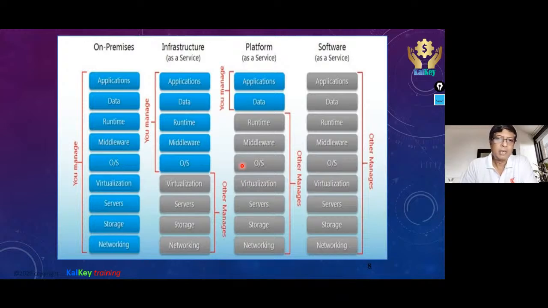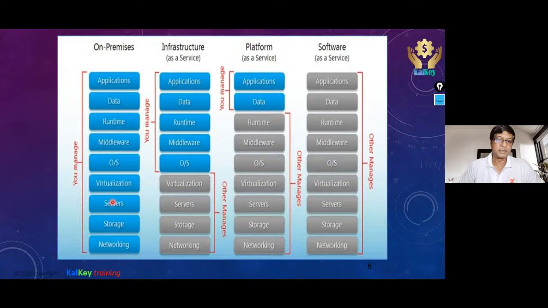Okay, somebody is saying it is on-premise services. Somebody is saying infrastructure as a service, IaaS, platform as a service, and then software as a service. What are these? Think from the AWS perspective. This organization has not hired any services from any cloud provider, so they are managing everything from the networking to the application.